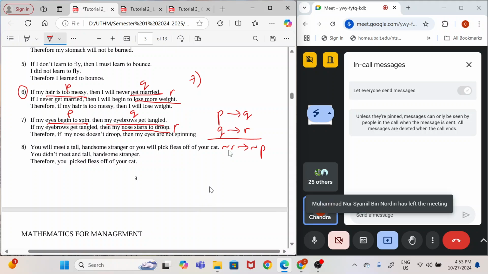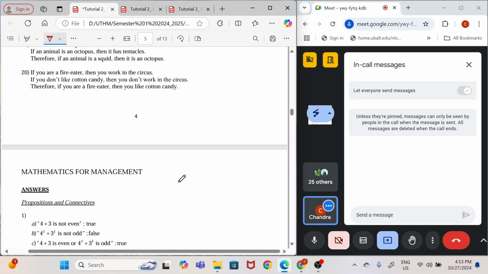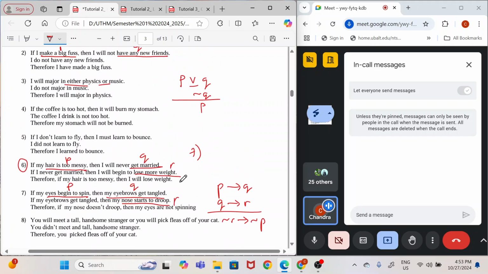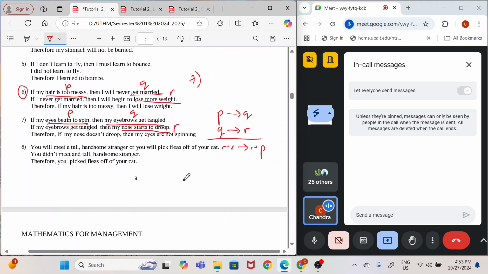So the rest you can try on your own until 20 here. If you want to copy 7, copy first.